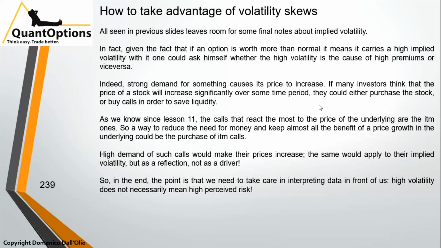So in the end, the point is that we need to take care in interpreting data in front of us. High volatility does not necessarily mean high perceived risk. Once again, it's not a spot data point that gives us an advantage in interpreting the possible future behavior of the underlying, but it's the evolution of all this information.